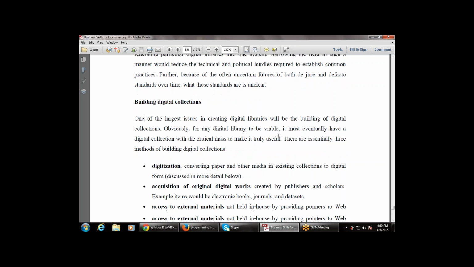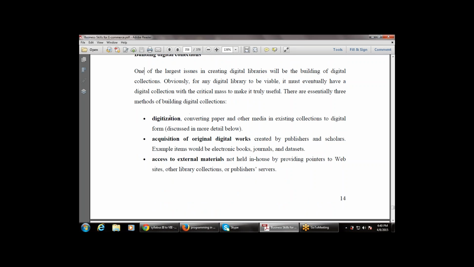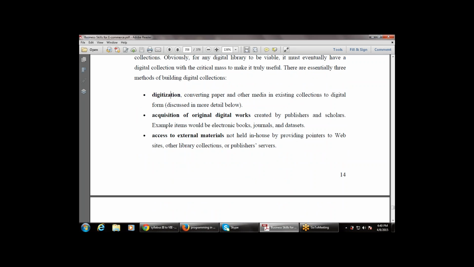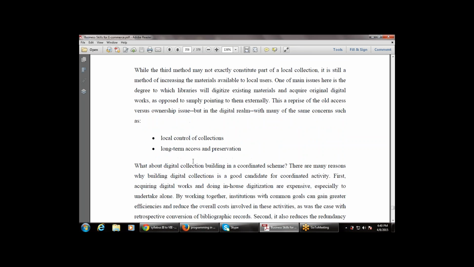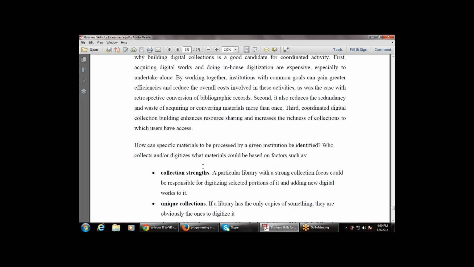So what are the three methods? How to build the digital collection or how to collect the data? One is digitization, one is acquisition of original digital works, and next is access to external materials. These are the three forms of building the digital collection: digitization, acquisition and access to external materials.